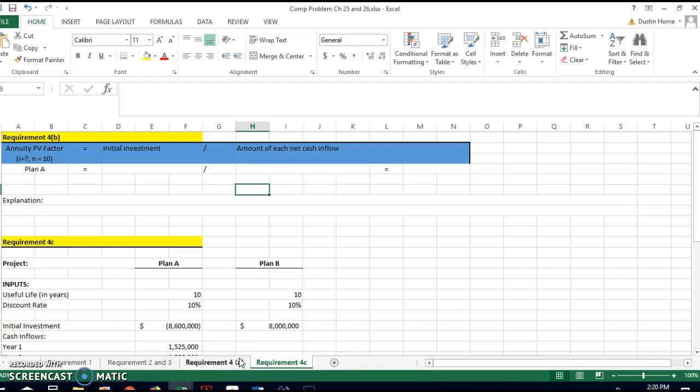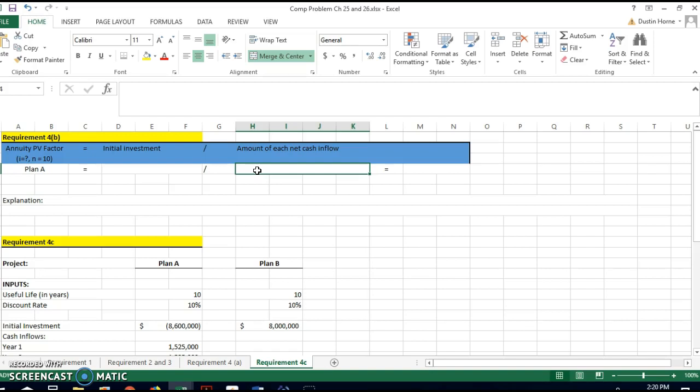And page 1483 shows how you can find the rate of return by taking the initial investment and dividing by the amount of each net cash inflow. So you take the initial investment, which I believe was $8,600,000 for Plan A, and divide by the amount of each net cash inflow, which was $1,525,000.